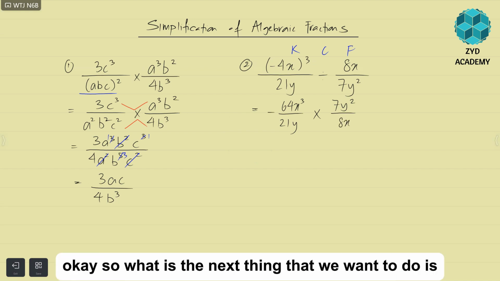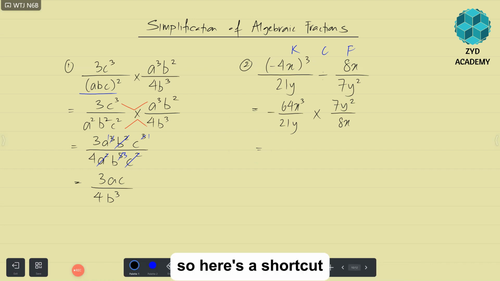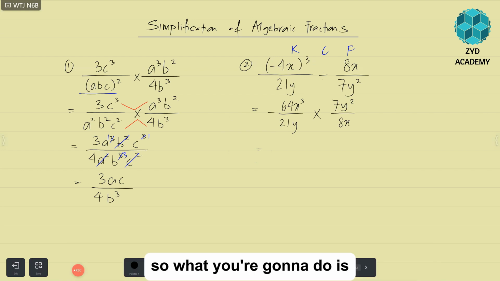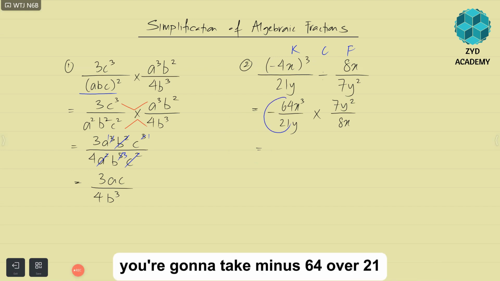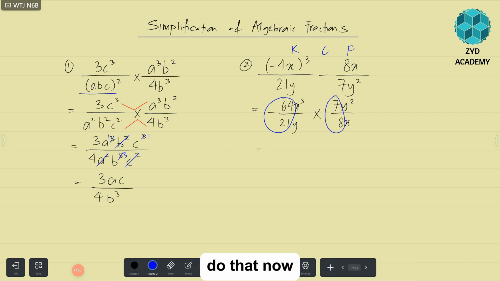What is the next thing we want to do? Like I said, we're going to multiply them. Here's a shortcut. Remember, we are going to deal with the numbers quickly. So you're going to take minus 64 over 21 multiplied by 7 over 8 in your calculator. Do that now.